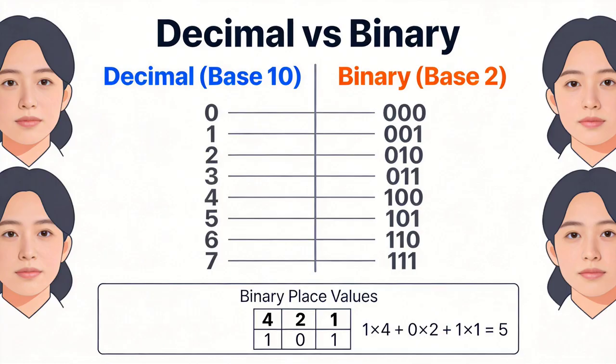Next is 2 to the 1, that's 2. Then 4, then 8, then 16, and so on, doubling each time. So the binary number 101 means 1 four, 0 twos, and 1 one, which equals 5. Simple, right? Once you get the pattern, it clicks.